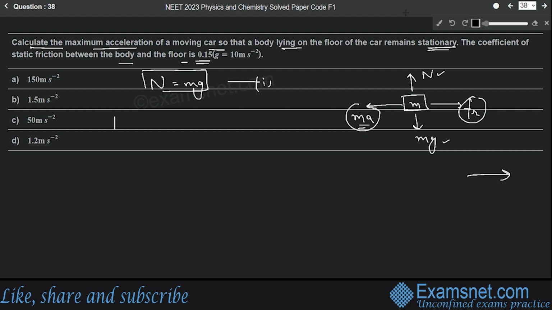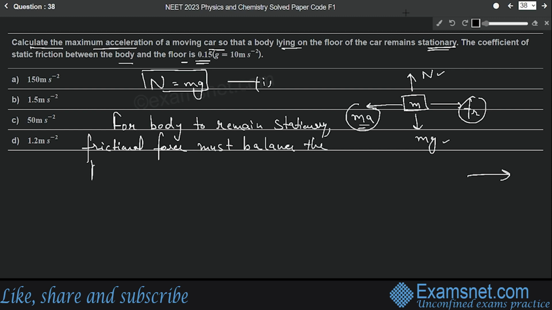So for the body to remain stationary, the frictional force must balance the pseudo force. That is, frictional force Fr will be equal to ma. Let's say this is equation number 2.